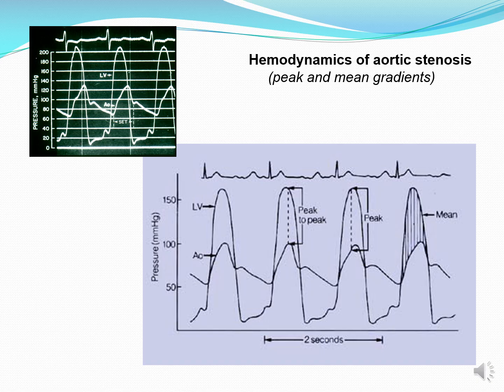You can measure the difference between the peak ventricular pressure and the peak aortic pressure. This is what you call a peak-to-peak gradient. Or if you take multiple measurements during the cardiac systole, you can measure what you call a mean gradient. And we'll later on elaborate on the significance of these numbers.